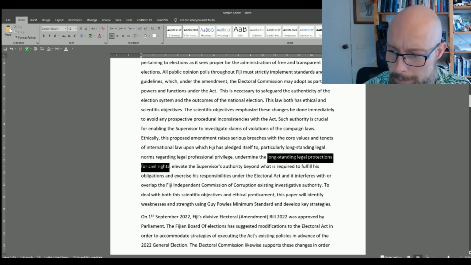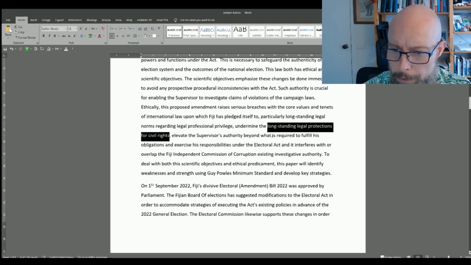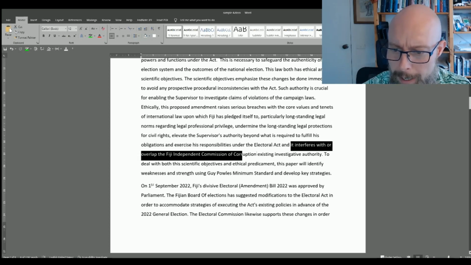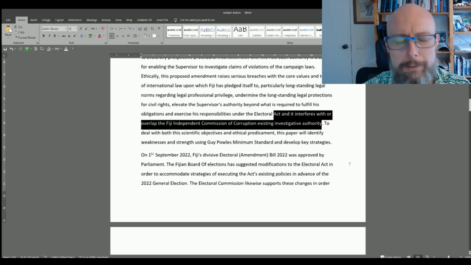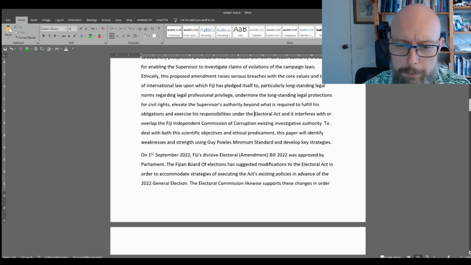Well, which ones? And elevate the authority beyond what is required. And it overlaps with FICAC to investigate. Really? Because if somebody puts up the wrong banner at the wrong time during an election campaign, is that a FICAC issue to investigate? Or is it an electoral commission thing to investigate? I don't see the overlap.